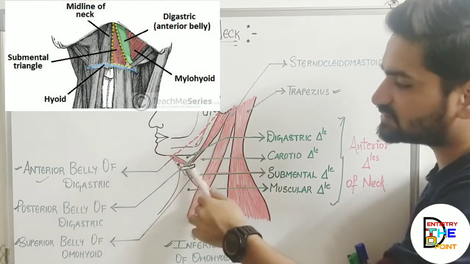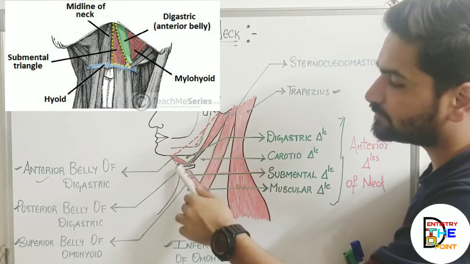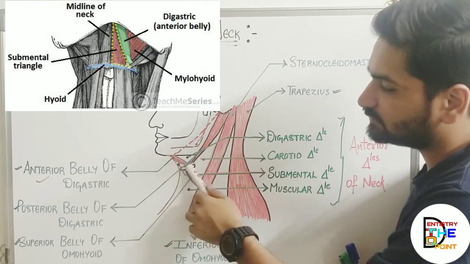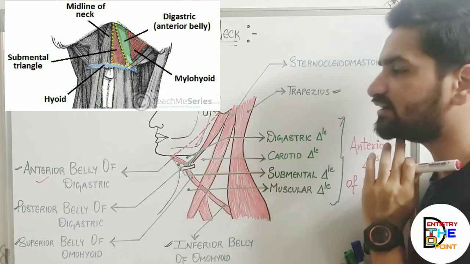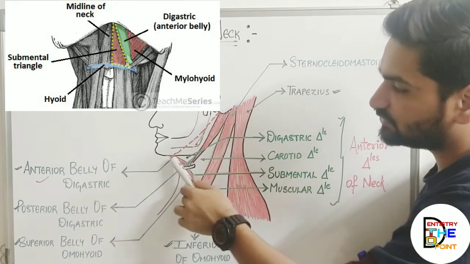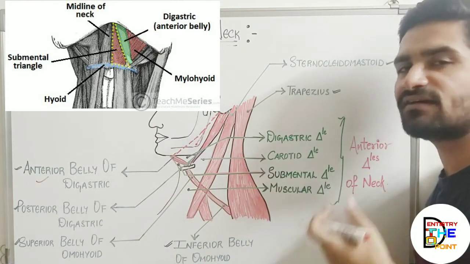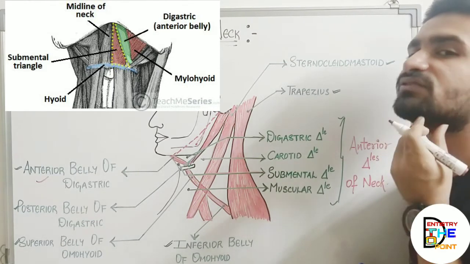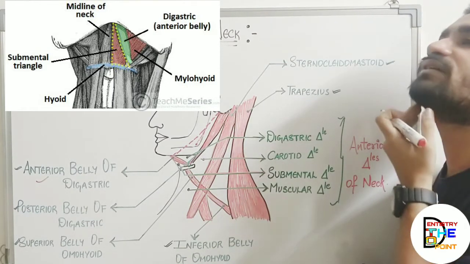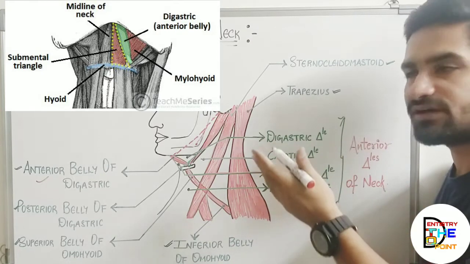Now the base of this triangle will be formed by the hyoid bone. So here is the triangle, dividing both the sides, with one triangle on each side. So this is your submental triangle. You can easily recognize it because it is present in the submental region. I have already shown the diagram.